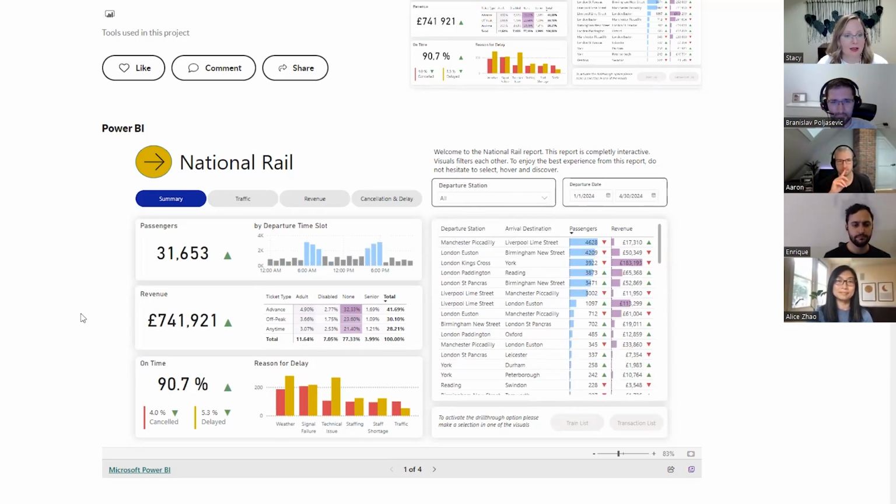Now, the next element that I really appreciated on this page was the decision to give information about the popularity of each route in the form of this matrix here. What we can see is there was a decision to include two parameters, revenue as well as the number of passengers. What I like about this is it addresses a question that comes up quite often about how we define popularity.